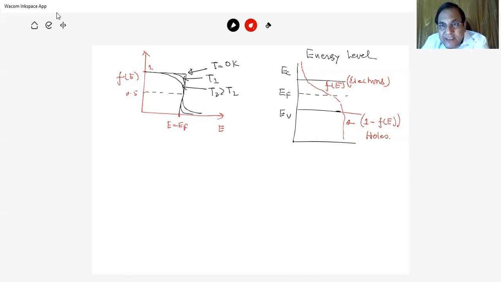So this one is the energy distribution function, but the density distribution function is something like this, g(E), that is density function. Here also g(E), that is density function. So the resultant function is something like this.